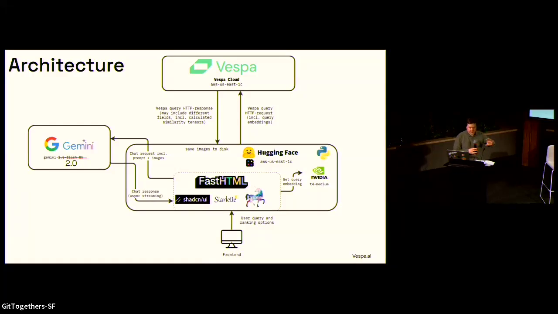So here's the architecture of the system that we built. All the Python stuff is in the middle, doing the query embedding when you get the query from the user, on a GPU running on Hugging Face. We send the query embeddings to Vespa, which acts in this case as a vector database, and then get the response back. One of the keys to making this fast is that we didn't have to retrieve all the vectors out of Vespa and then do the calculations inside our Python framework.